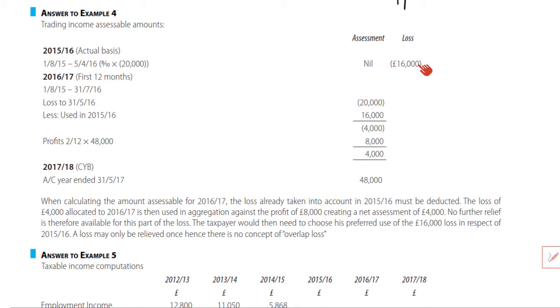So what I'd like you to do now is just have another review through the answer that we've put together for example 4. So you can pause at this particular point while you do that, and then we will continue the session to go on and look at the specialist opening year's relief available within the opening years of assessment.